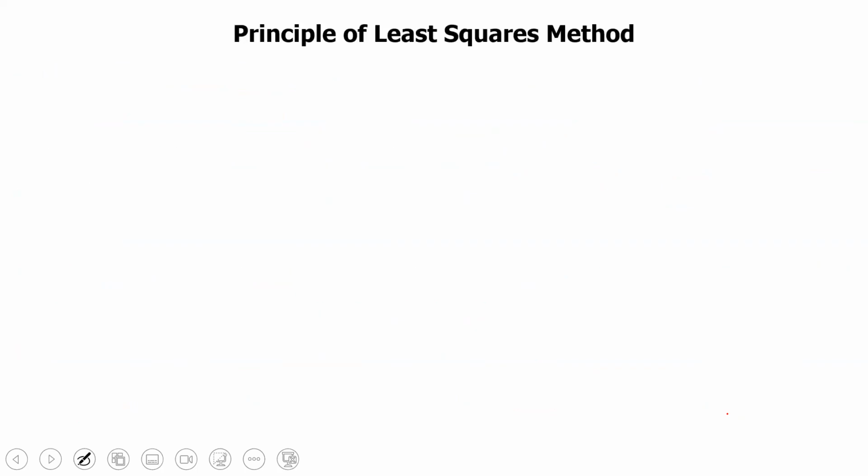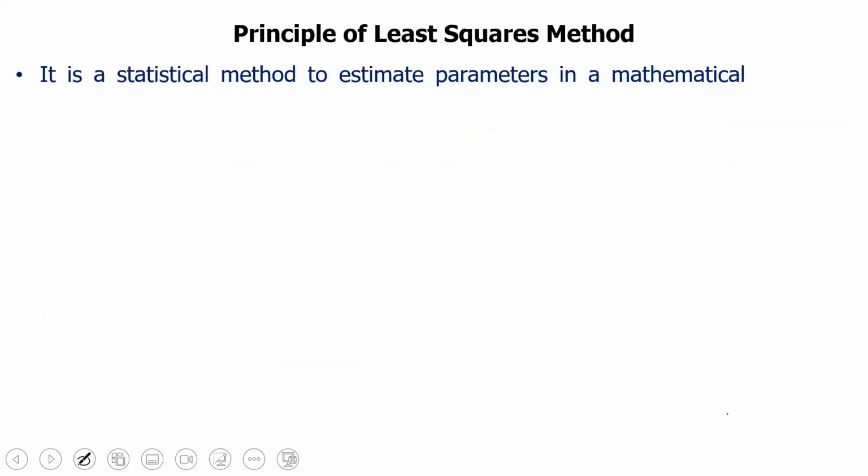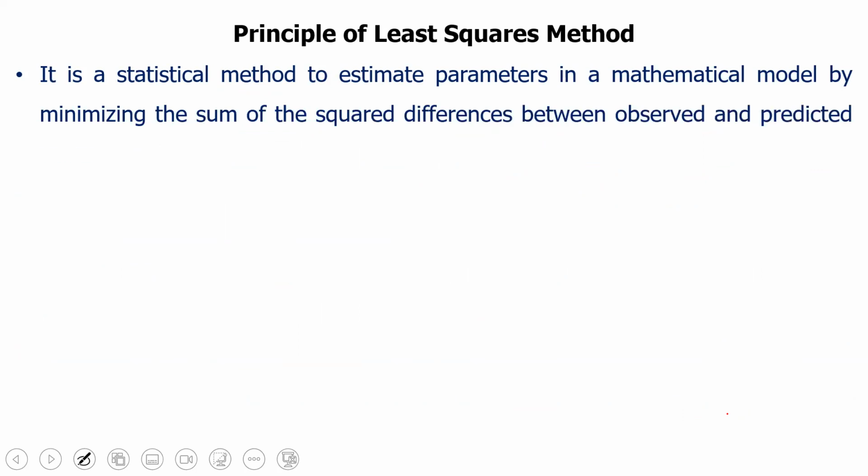So what is the principle of least square method? It is a statistical method to estimate parameters in a mathematical model by minimizing the sum of the squared differences between observed and predicted values. We take the difference, square it, and it should be minimum.